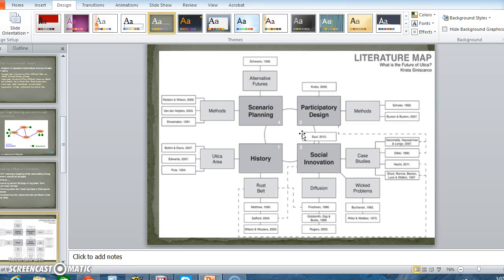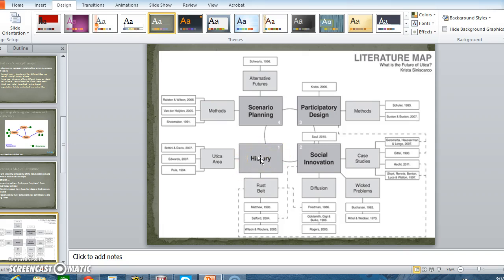And so the main components or topics that this person is looking at is the planning of the Utica area, the ways in which designs and participation of residents are created or enacted, the social innovations that have been implemented to create a more community concept for Utica, and the history of the Utica area. And so all of these are connected to the future of Utica, right?